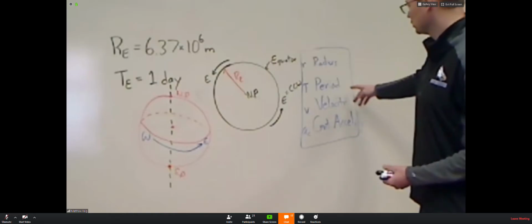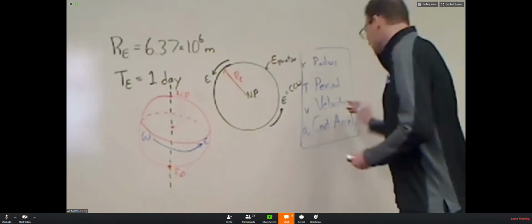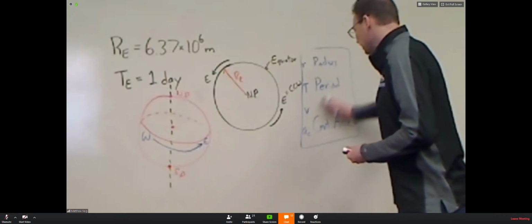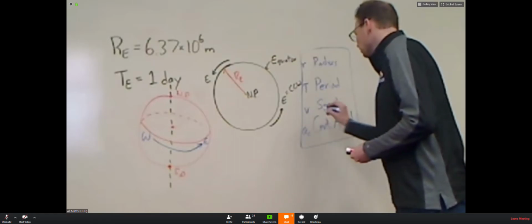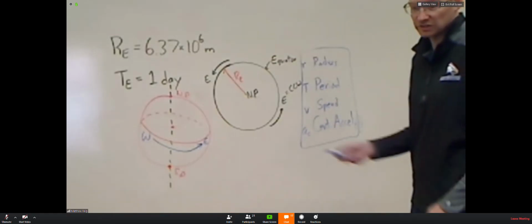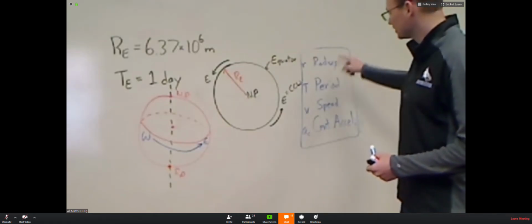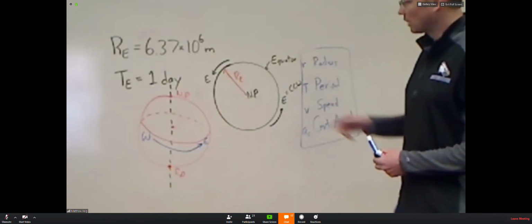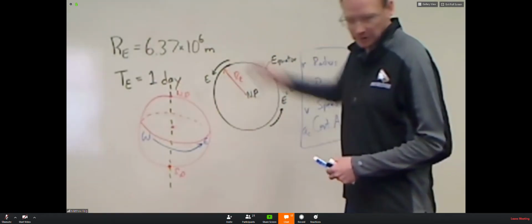So how do you find the velocity? You could say speed. Velocity or speed would be all right here. I'm not talking about the direction of the vector, I'm talking about the magnitude of the vector, and we call the magnitude of velocity speed. So how do you get speed? Speed is distance over time. So how far does the equator move in what period of time?